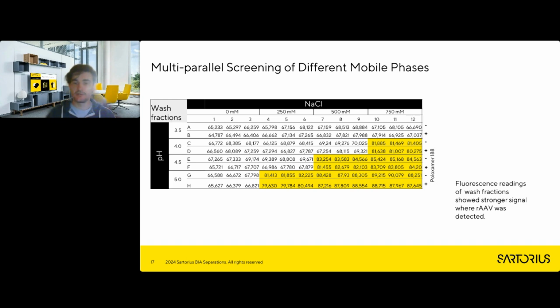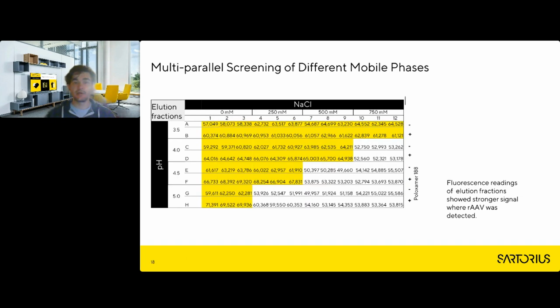When we looked at the elution step of AAVs, we saw here also the higher the reading, the higher the concentration of AAV. Here the AAV bound to the column, but they had different titers and also different impurity profiles.